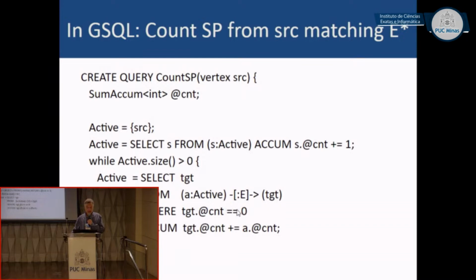But if it wasn't written to, then we're going to write now. And we're writing the value of the accumulator at A, the source of the edge, into the accumulator at the target. Notice the plus equal says I'm going to add it into whatever was there. I'm not going to just overwrite. And that's it.